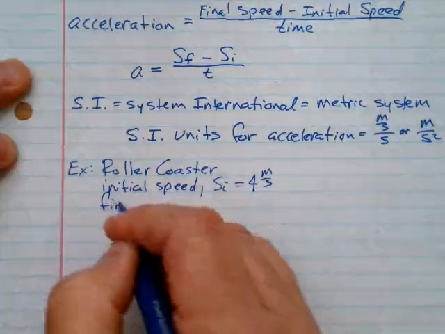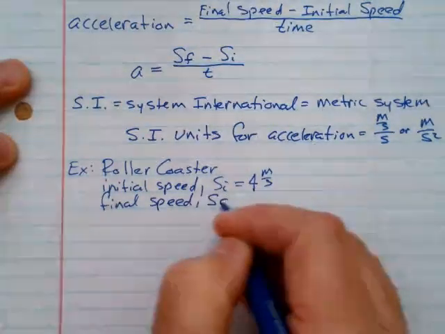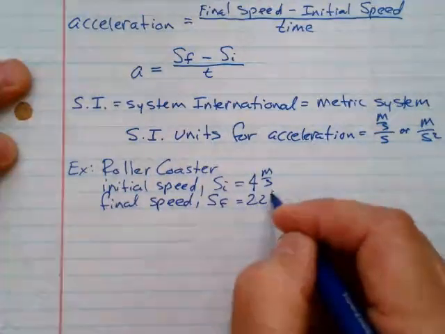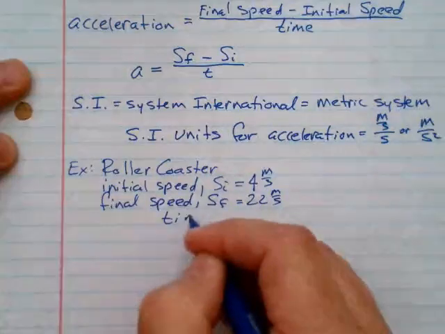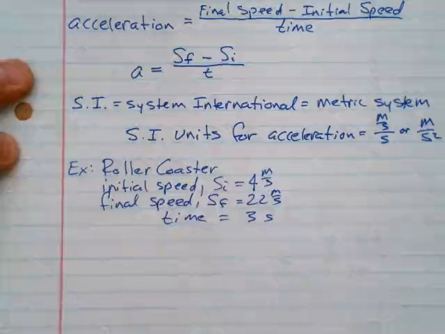Its final speed, or S sub f, is equal to 22 meters a second. So it sped up quite a bit, and it did all of that in 3 seconds. So let's do the calculation.